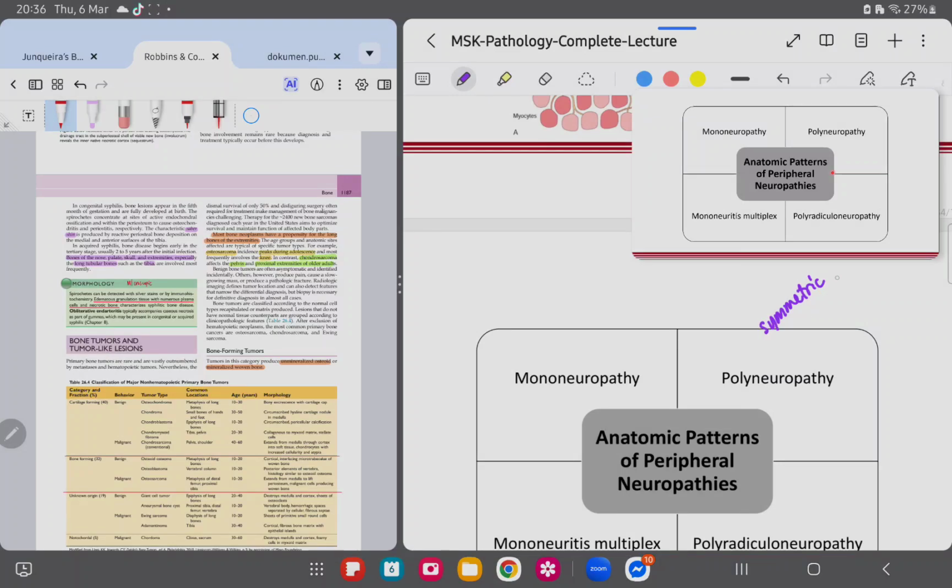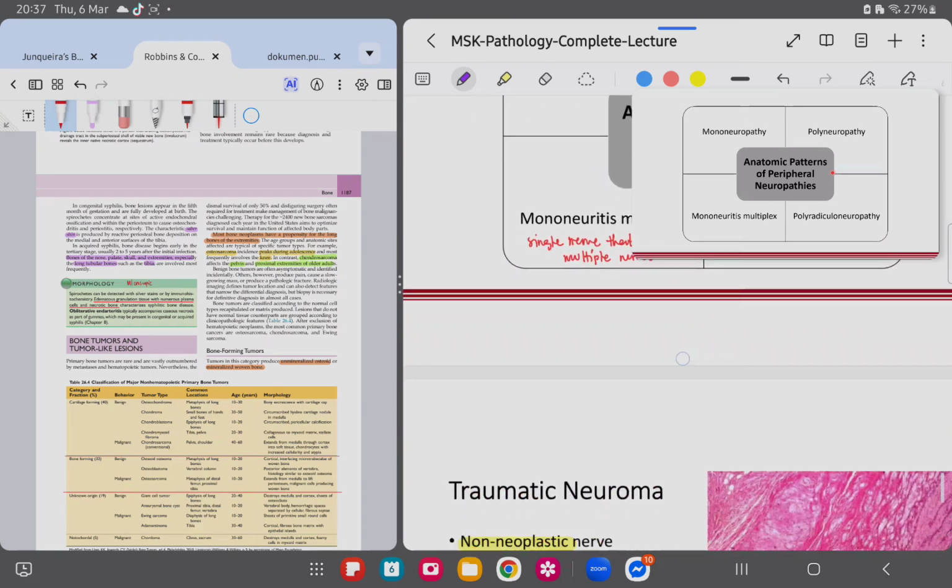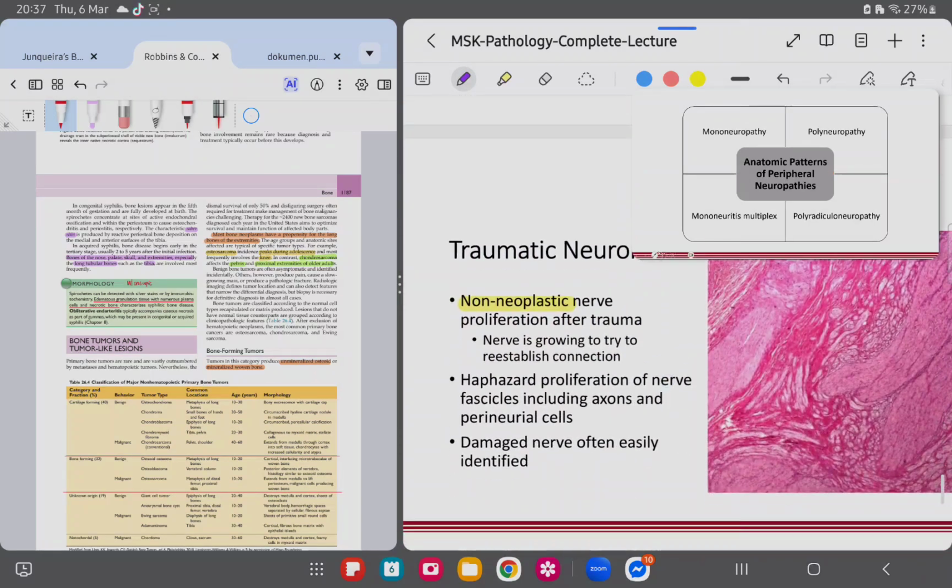Sometimes I might show you in the exam the different patterns, and you might be asked which of the following choices present with this particular pattern of neuropathy. Or I might show a particular pattern of neuropathy, and you will be asked which of these entities are classically associated with this particular pattern.